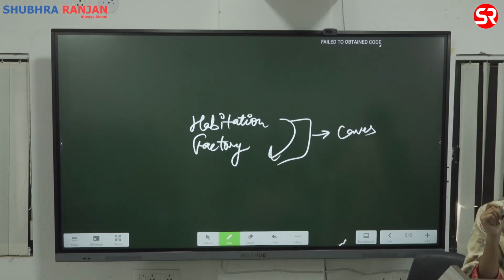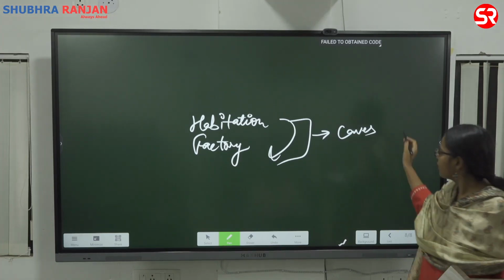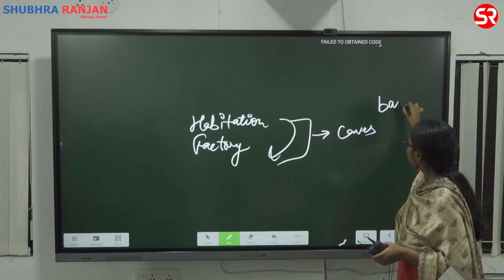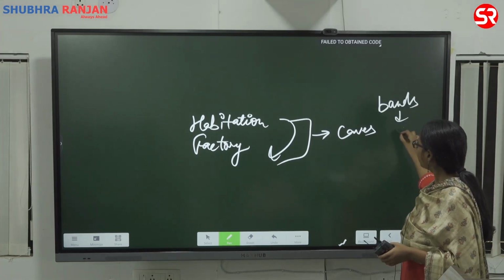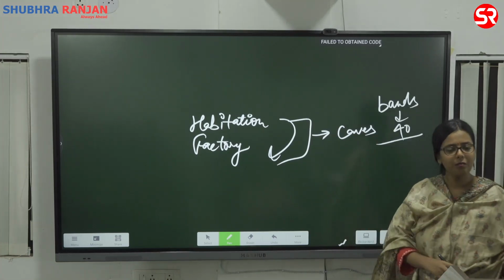That is their occupation. So when they are living in a harsh environment, what kind of polity will they be having, or what kind of social life will they be having? Will they practice any religion? Do we have any idea about that? So when we look at the life of these humans, we realize that they were living in bands. A band of maximum 40 people.